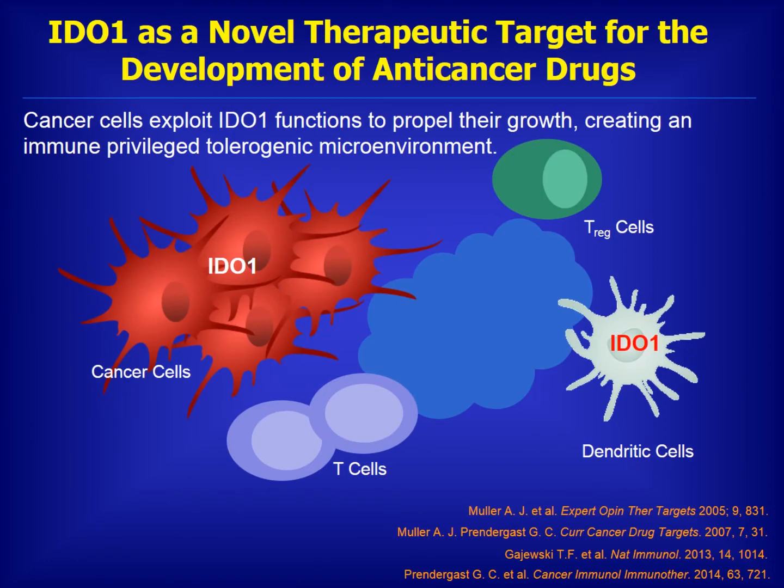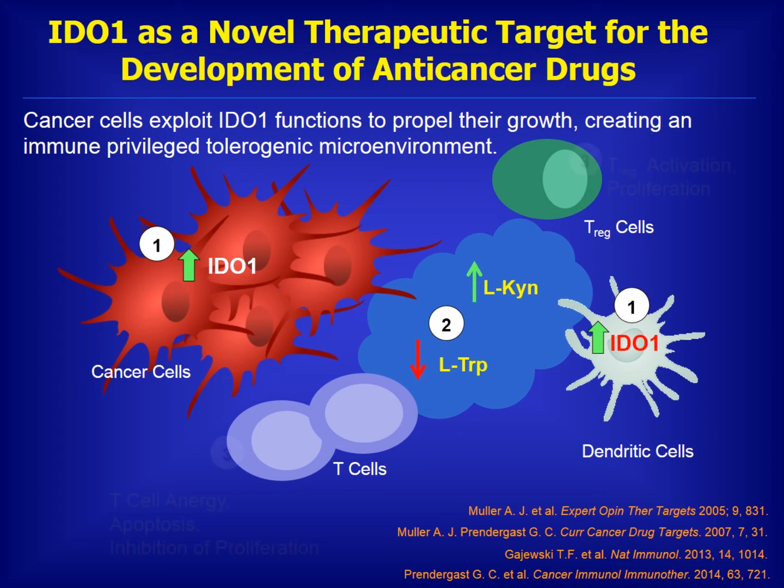In particular, in cancer cells, we have an upregulation of IDO1. The same occurs in dendritic cells in the tumor microenvironment. As a consequence of this increased expression, we have a depletion of L-tryptophan and an increase of L-kynurenine.